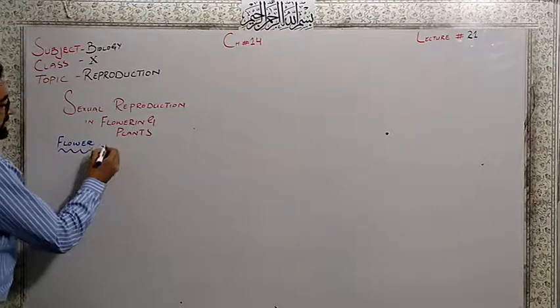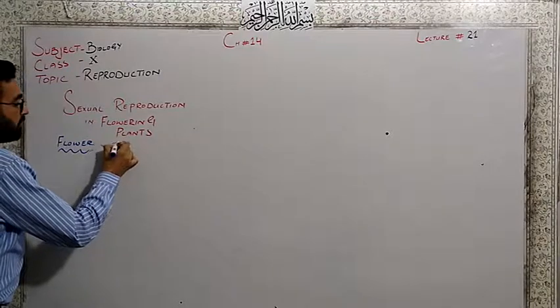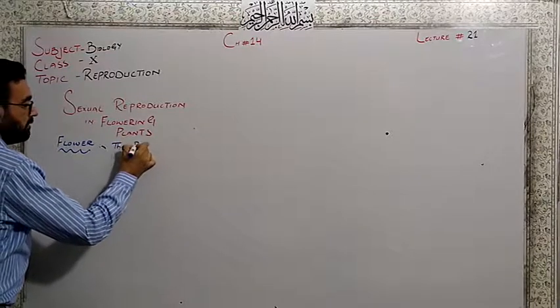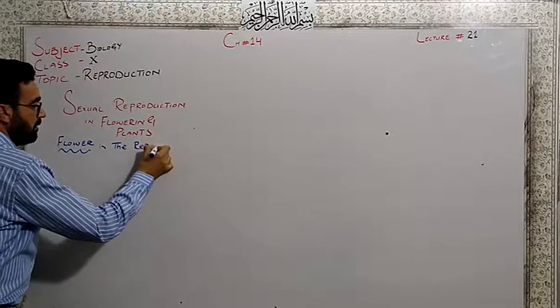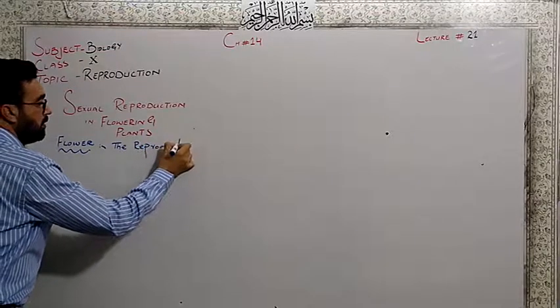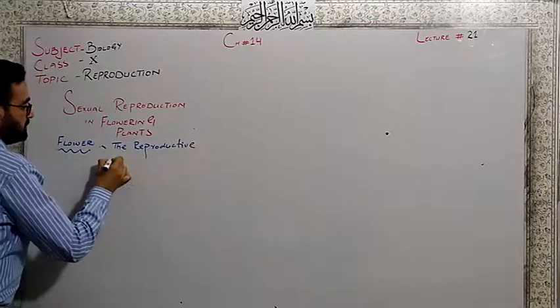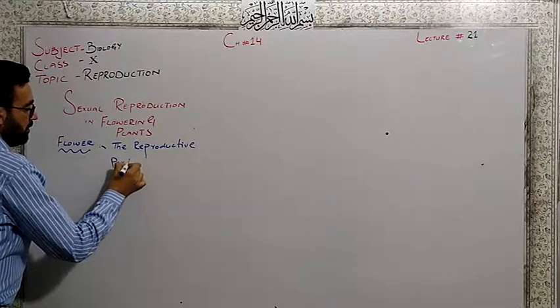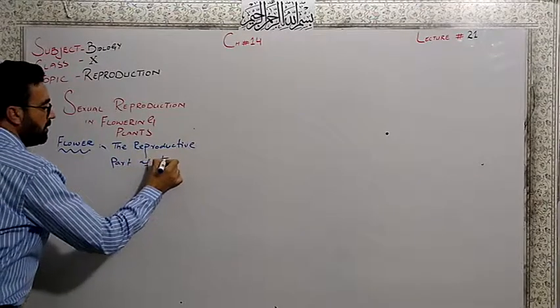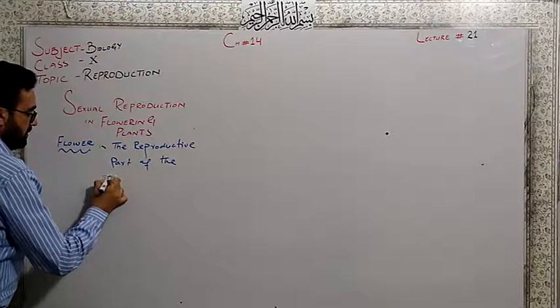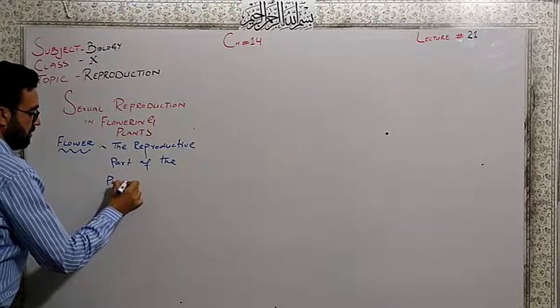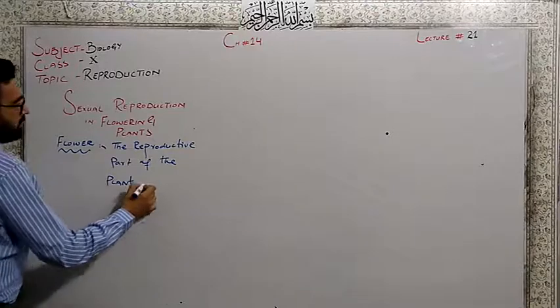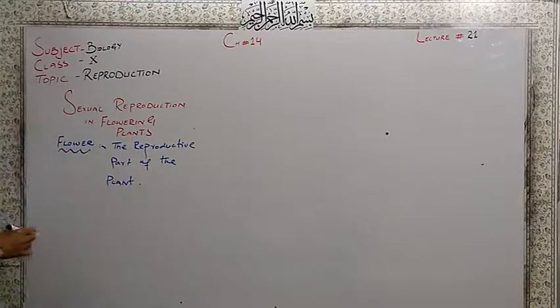Botanically or biologically, its definition is that the reproductive part of the plant is called a flower.